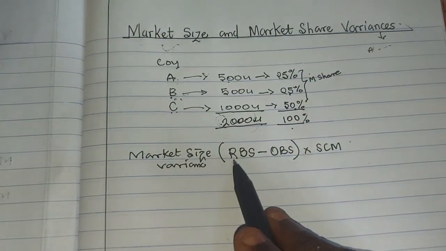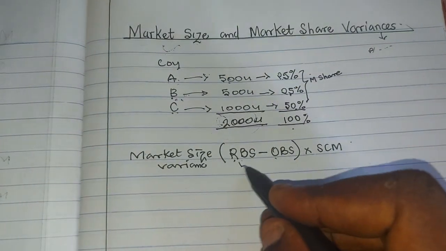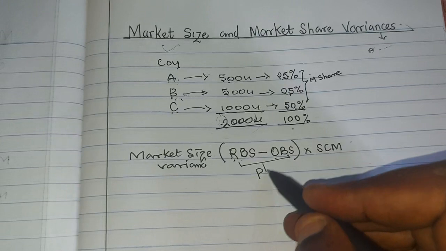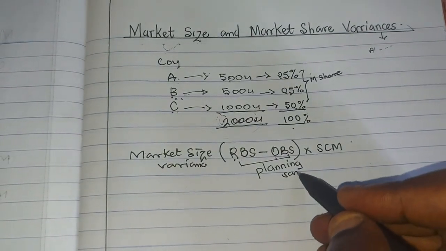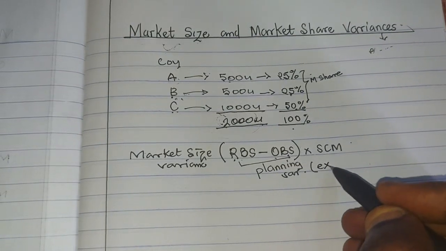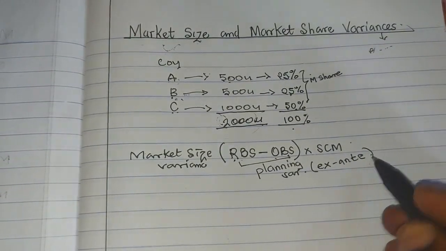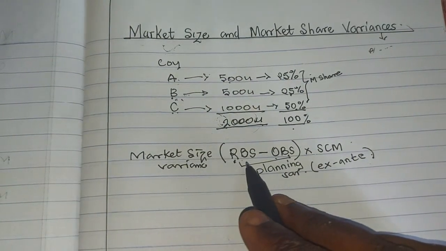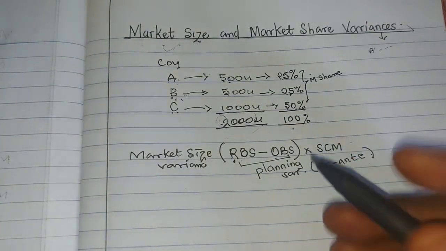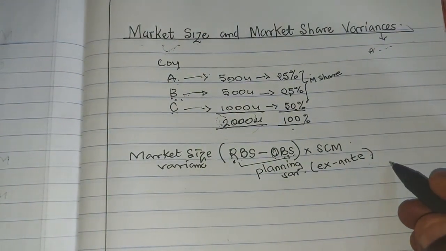When you compare the revised budgeted sales with the original budgeted sales, we talk of planning variance, known as ex ante variance. That is comparing the updated budgeted sales with the initial budgeted sales.